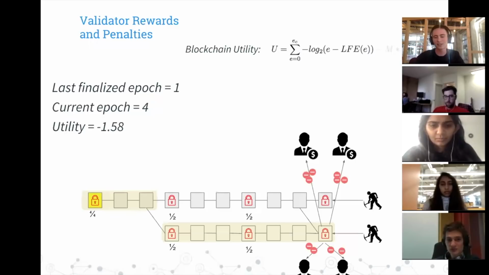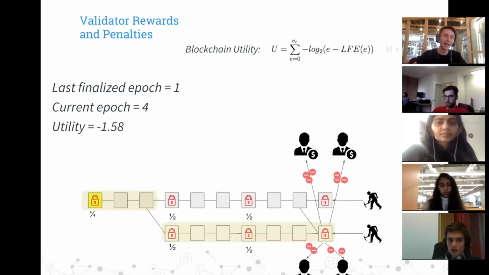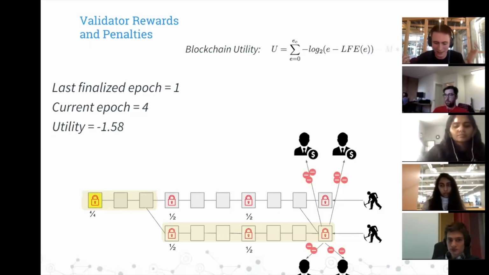So this gets into the fact that we need to make sure that the economic incentive is always there for a committee size to be large enough. And it is true that it's terrifying to have 2 checkpoints that get finalized.